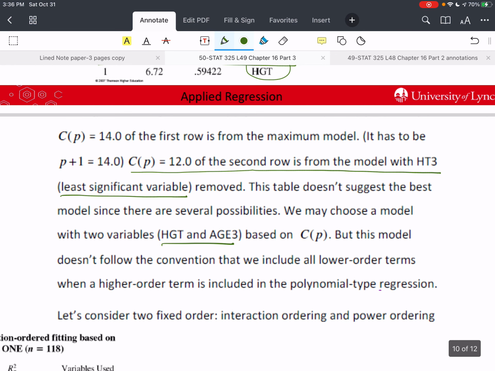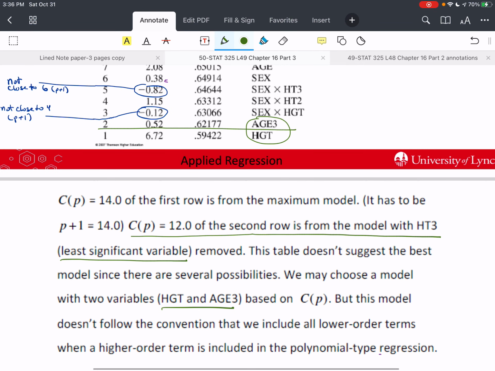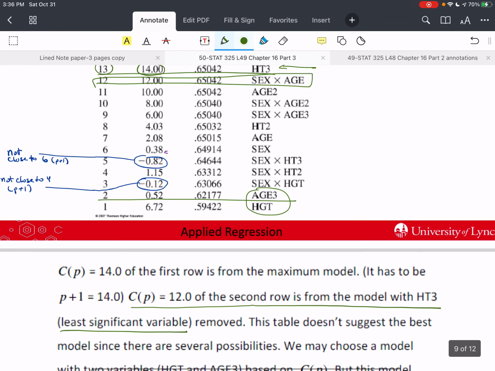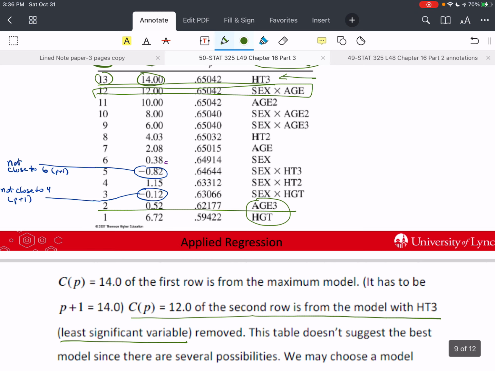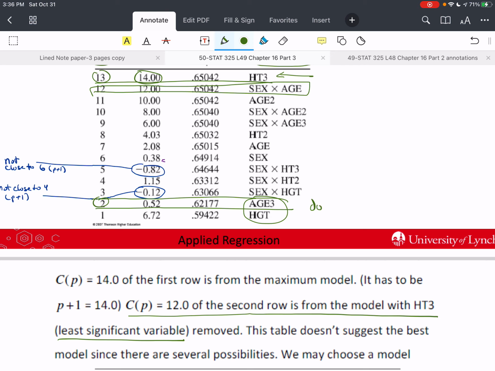But this model doesn't follow the lower-order term convention. So we may choose a model with two variables, and that would be this one, because it has two variables in it. P is 2. And the problem is we'd have age cubed and height, but we don't have age squared or age.